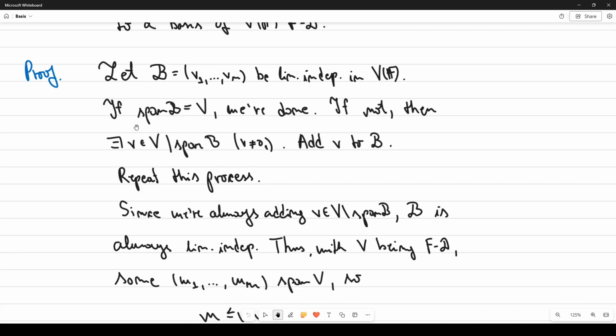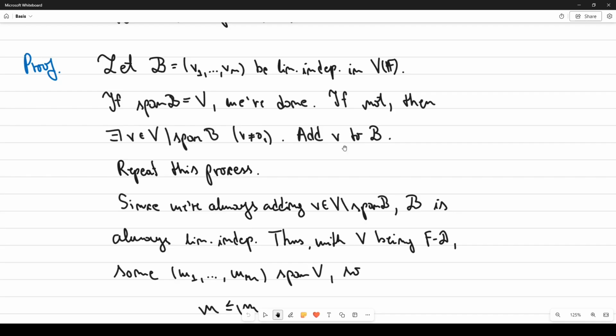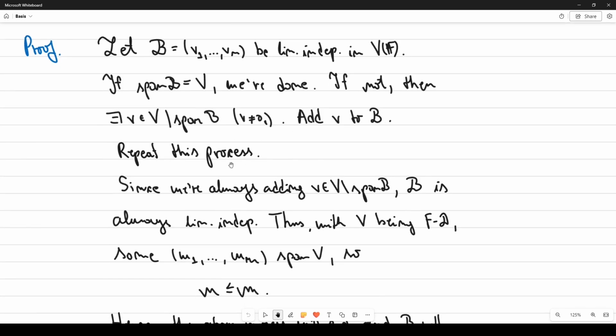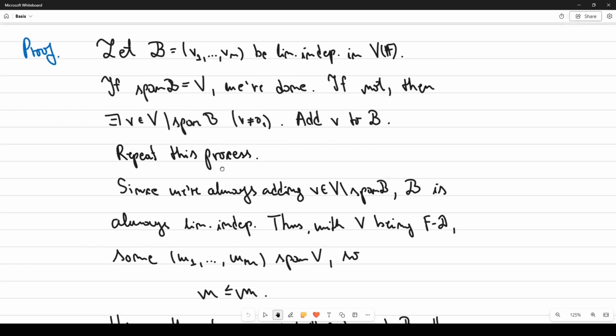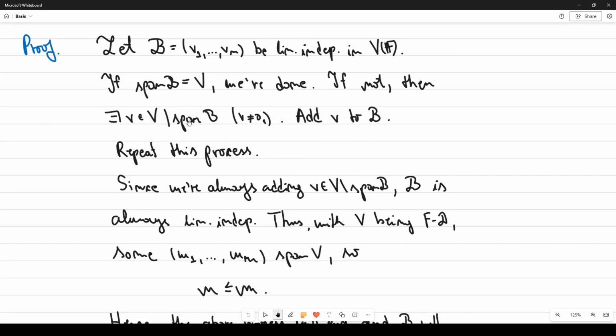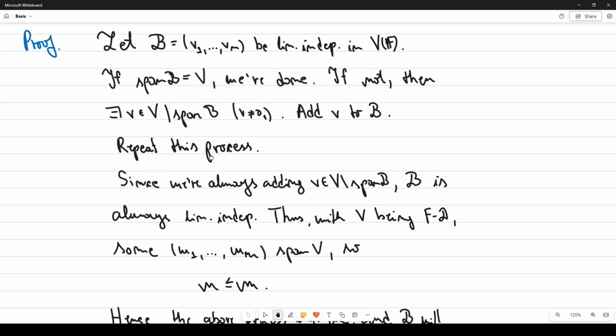Then there exists some v in V outside the span of B, and v is different from 0. So we just add that v to our B and repeat this process. Just add a vector, see if it spans. If it does not span, add another vector from V outside the bigger span now.